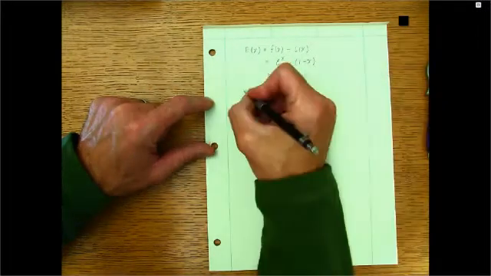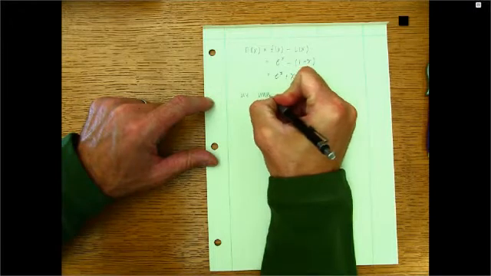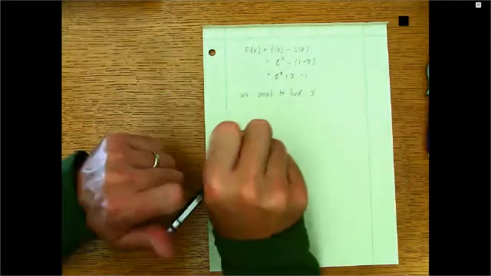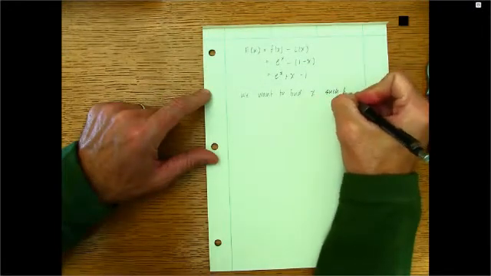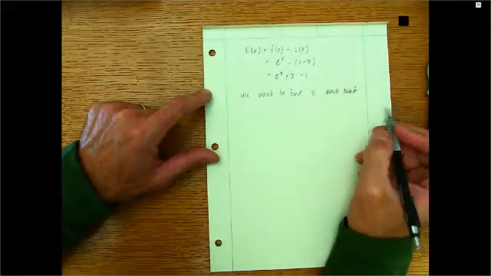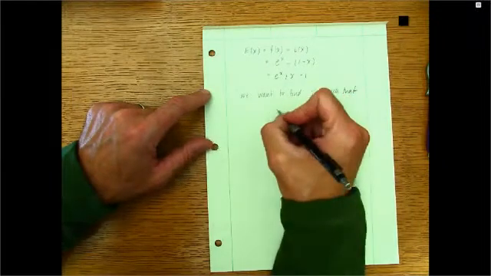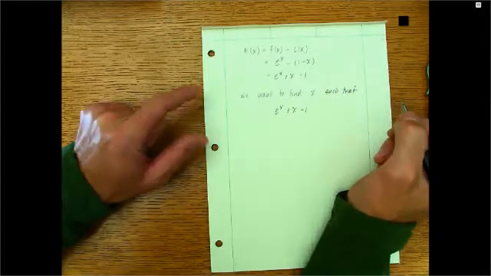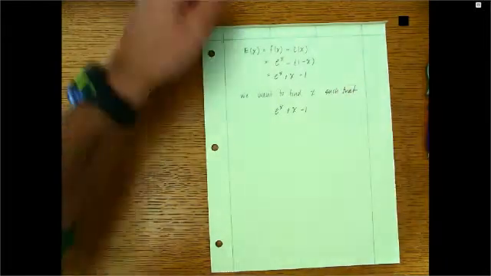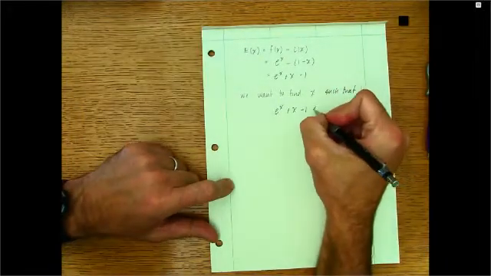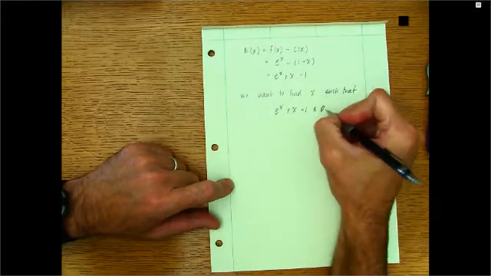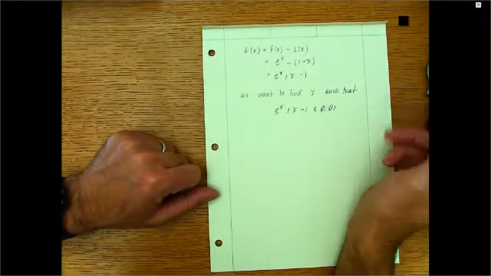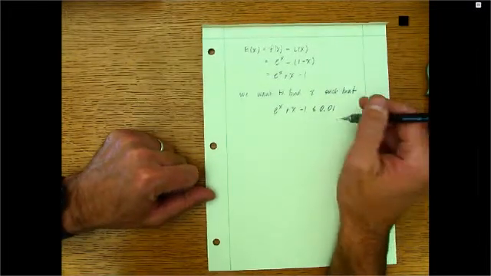So we want to find x such that e to the x plus x minus 1 is less than or equal to 0.01. Now this is a situation where I think technology will help us solve the question.